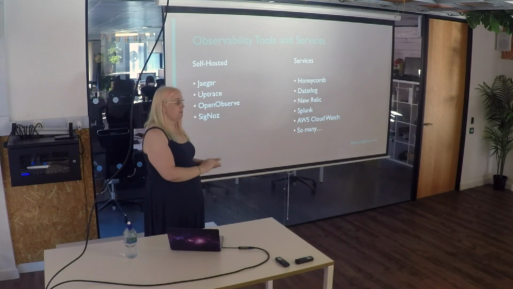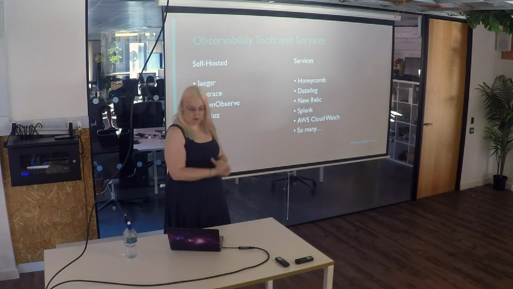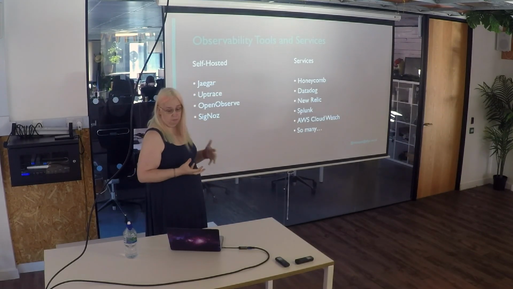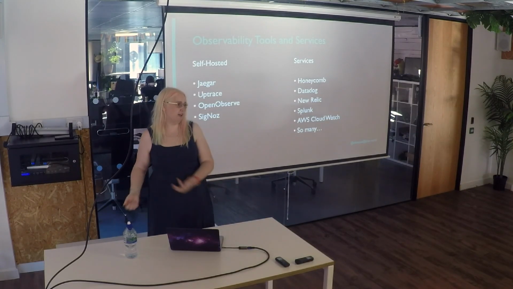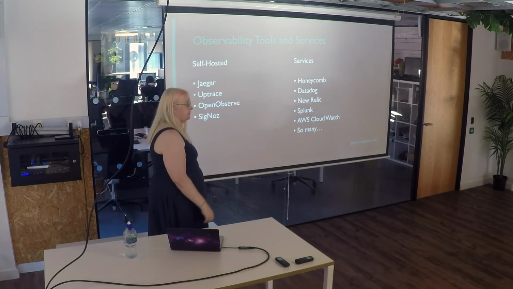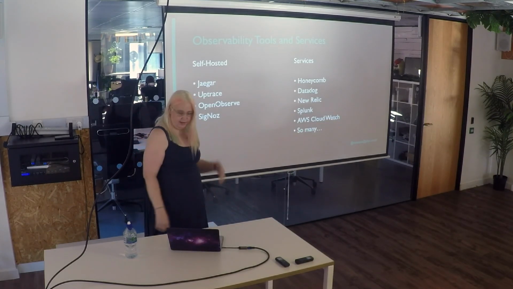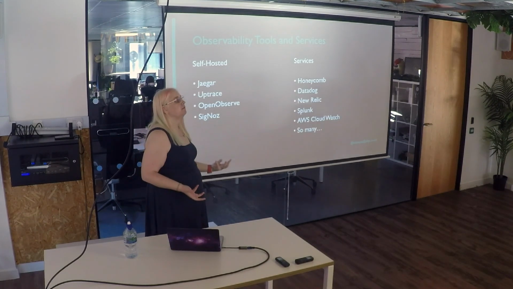Honeycomb is huge, a great platform, and I'll show it a bit later. Datadog, really popular, they're great. New Relic, some of you may have used them before for APM monitoring in PHP with their extension, getting that through to their platform. Splunk, and all the cloud vendors have their own, like AWS CloudWatch and X-Ray. Those are the tools we can use.